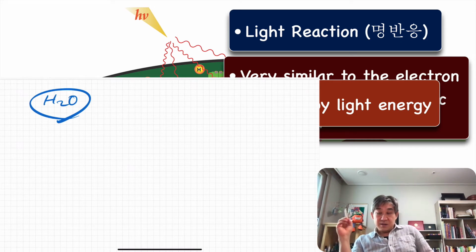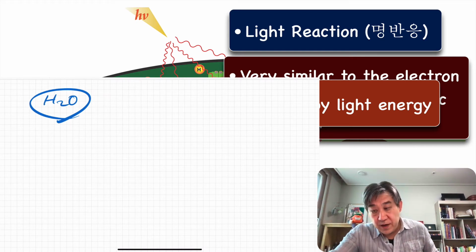The special thing about this water oxidation is that, chemically speaking, it is an extremely difficult reaction to carry out. So for that, energy is initially required, the sunlight energy or another light source.